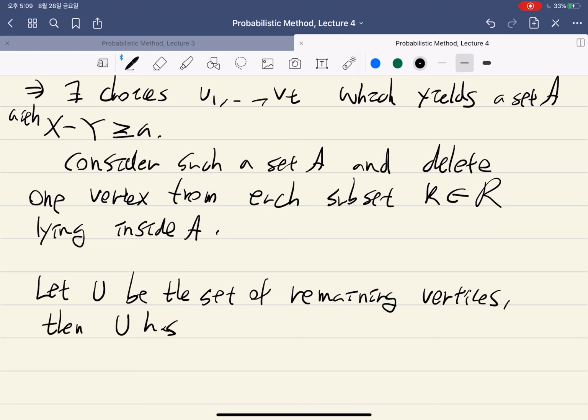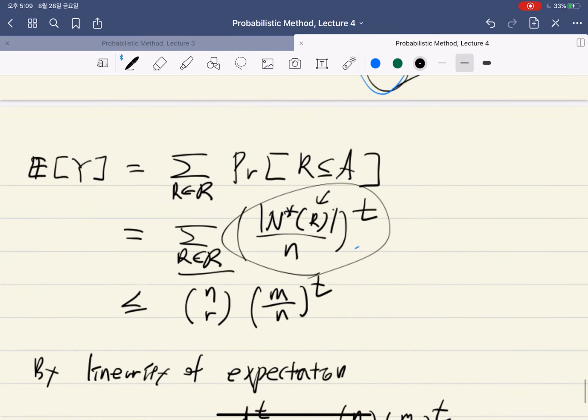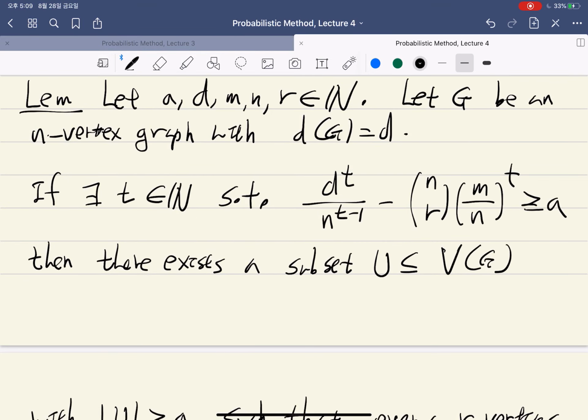And U has size X minus Y, which is at least A. And what do you know? Every R-subset of U has a common neighborhood of size at least M. And U is our desired subset. So this proves this lemma.